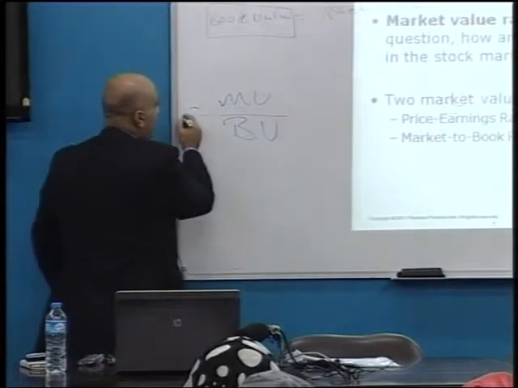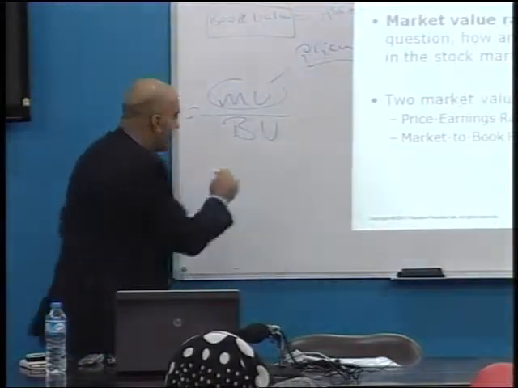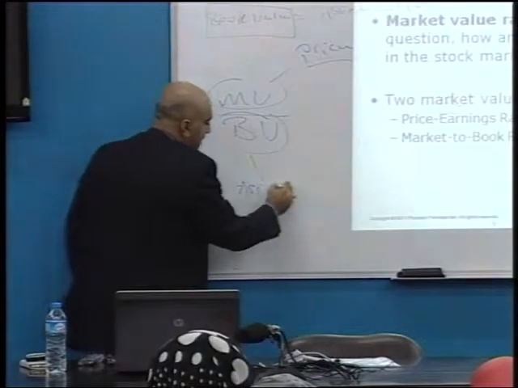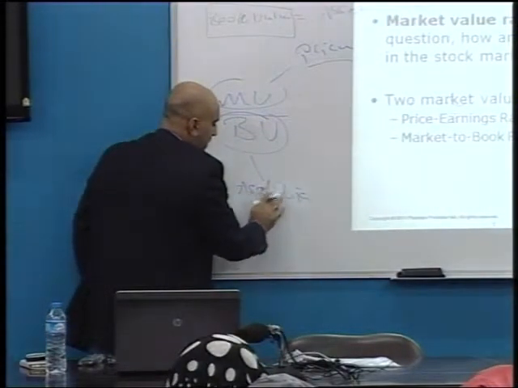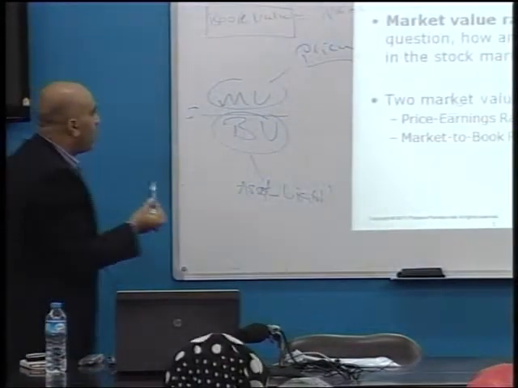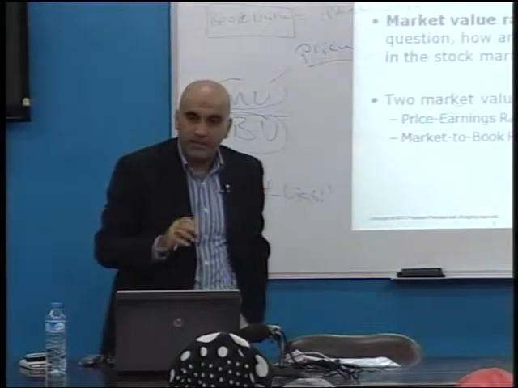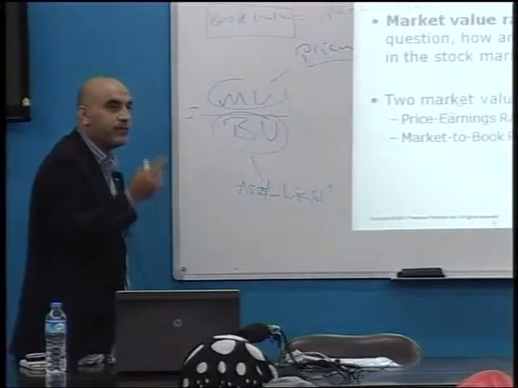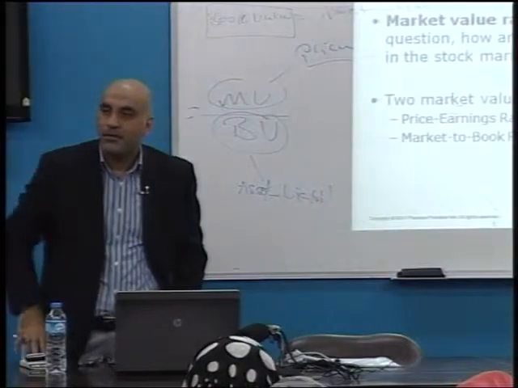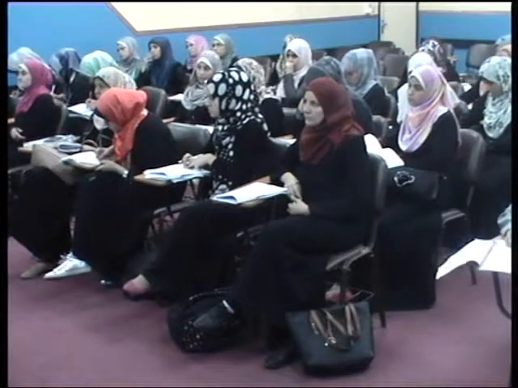We know the market value is the price in the financial markets, and we know the book value is the assets minus liabilities. So we know everything now. What does market to book value mean? Let's take an example. Any question before going into details? No? Okay.